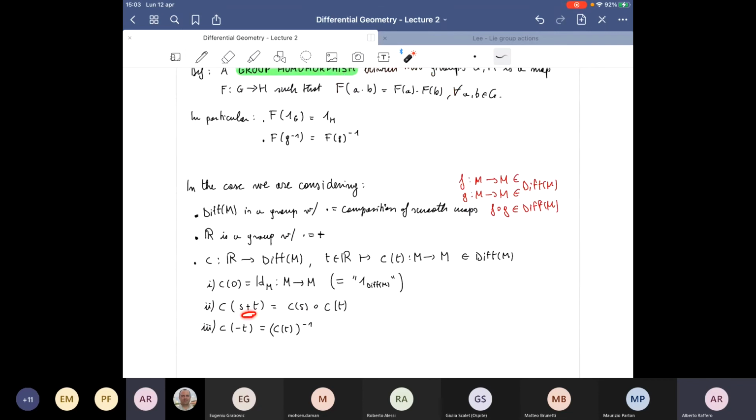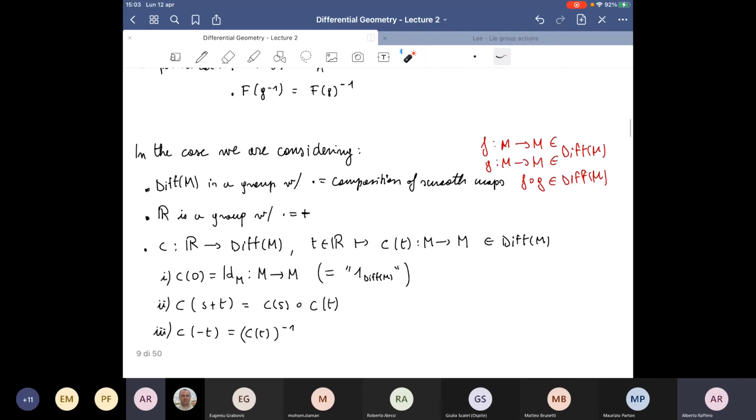Here we are considering the plus as an operation on R and the composition as an operation on the space of diffeomorphisms. And finally, when you consider your homomorphism at minus t, you will get the inverse diffeomorphism on the manifold. So these are the properties of this one-parameter group of diffeomorphisms of a manifold.